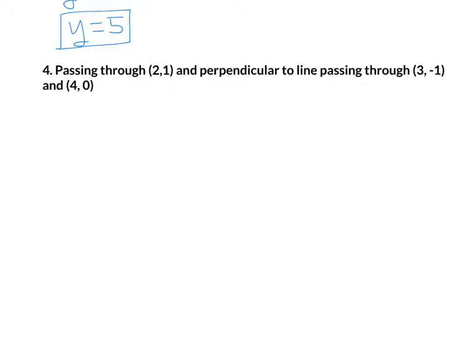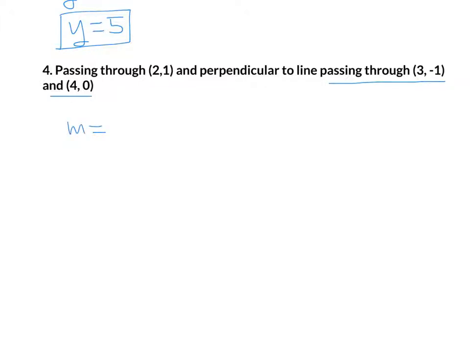Let's look at this one. We want the line that's passing through this point 2, 1, and it's perpendicular to the line passing through 3, -1, and 4, 0. So the first thing we need to do is find the equation of the line passing through these 2 points. So we need to find the slope, and then we need to find the y-intercept of that line.